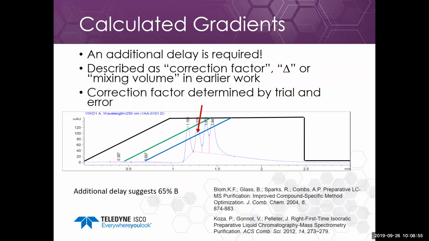For the accelerated retention window, they apply a delta to it, and they have to determine this correction factor by trial and error. So that's kind of a disadvantage: you have to do the calibration and then do one more calibration to make the compound elute where you want and get the separation that you need.